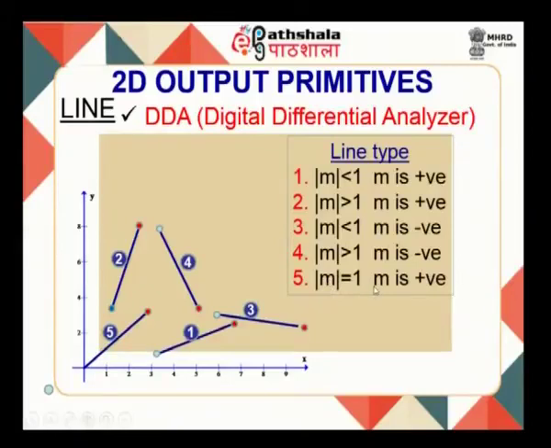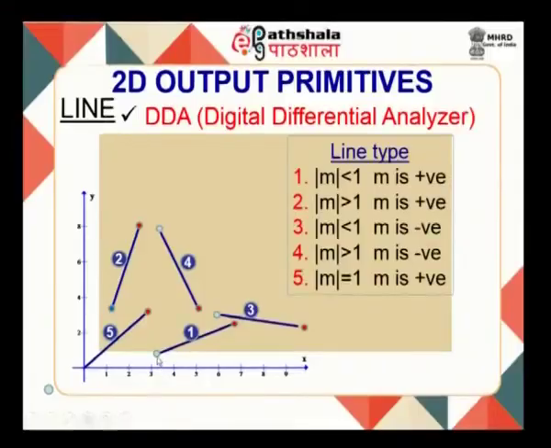As you can see, the slopes are given here. The important thing to observe is that for line types 1 and 2, the slopes are positive. What do we mean by positive slopes? While x increases, y also increases, and while x decreases, y also decreases. These types of slopes are considered positive slopes.